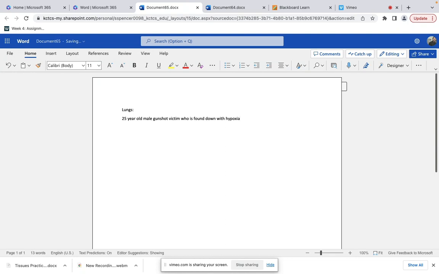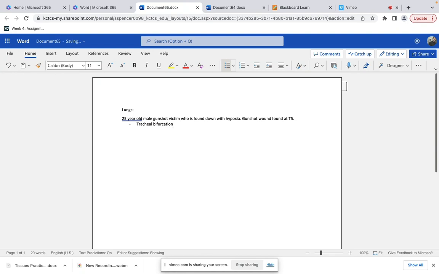Hypoxia means low oxygen. Gunshot wound found at T5. Why is this guy hypoxic? He's got a gunshot wound at T5. What branch is at T5? Tracheal bifurcation.